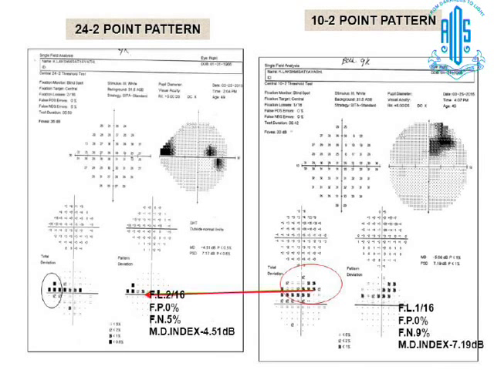And when the fields were taken, this is the right eye, and there are isolated scotomas in 24-2 and an isolated scotoma in 10-2. The most important thing to observe is that these scotomas are coming from the 10-2 area, and it is not progressing like this. The progression is not like this; these scotomas are coming from the 10-2 area.